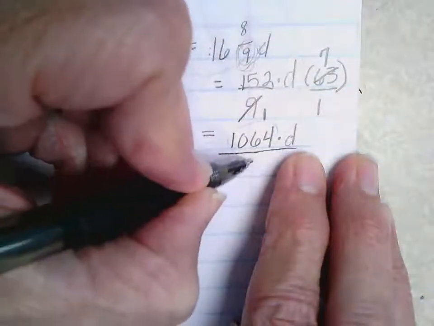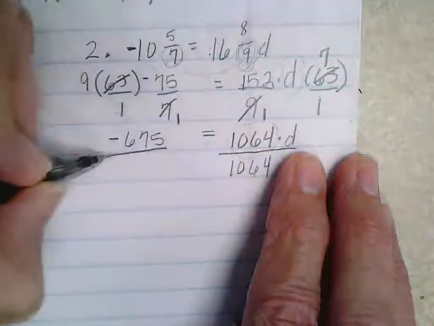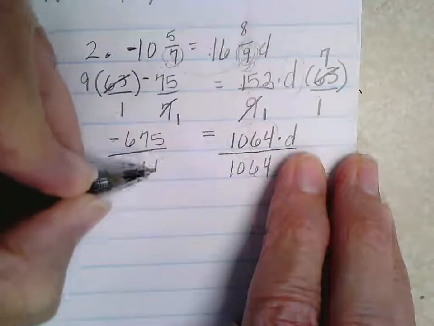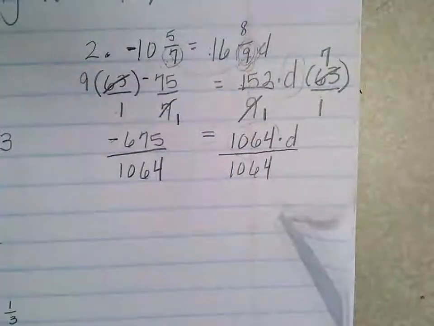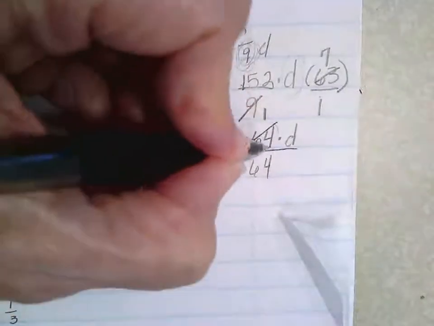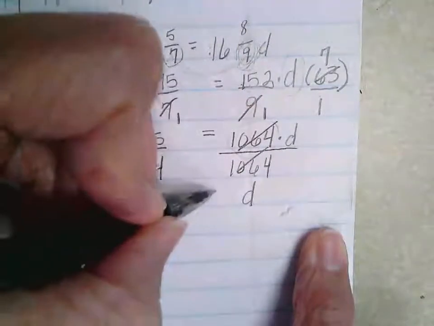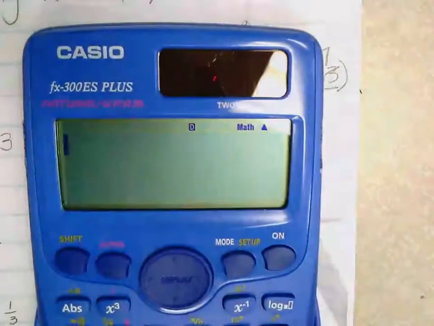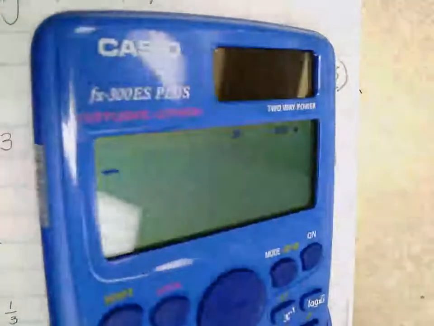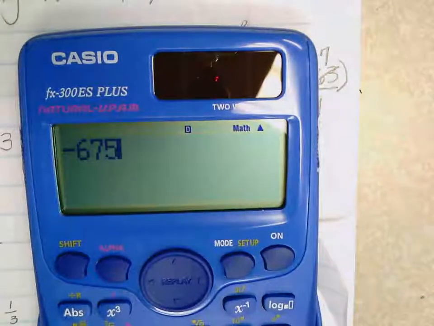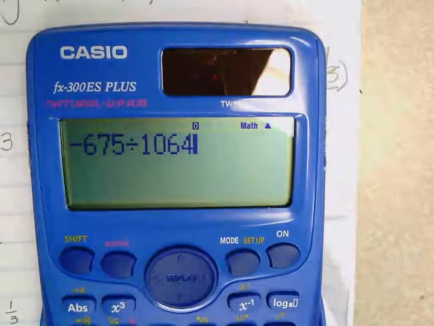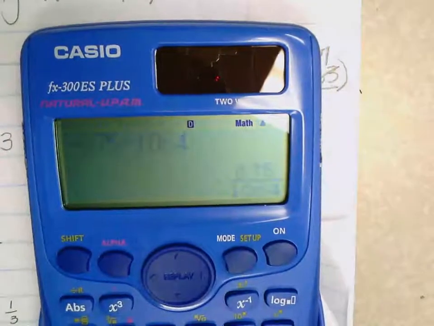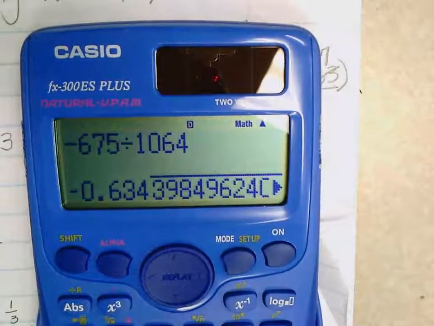So I'm going to divide both sides by 1064. This is going to cancel, so I'm just going to be left with D on the right hand side. On the left hand side, I have negative 675 divided by 1064, and that is going to give me this number.